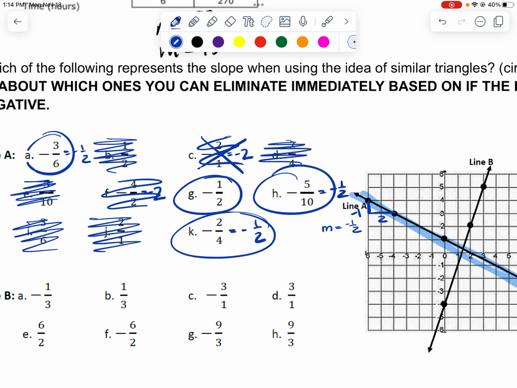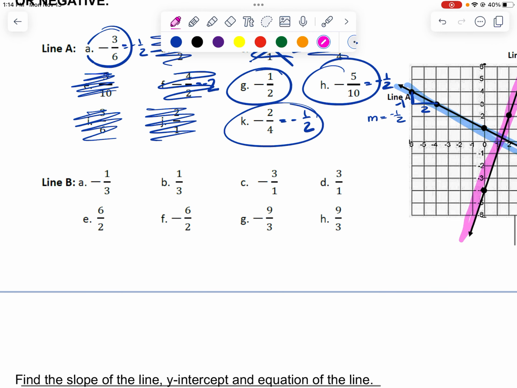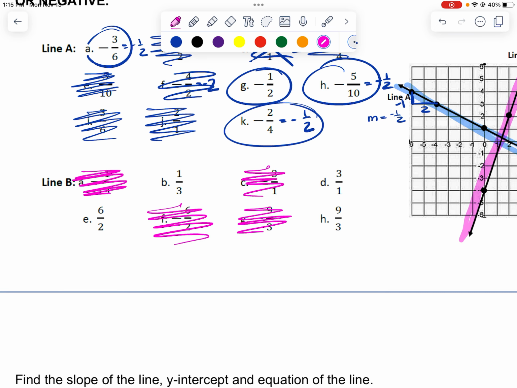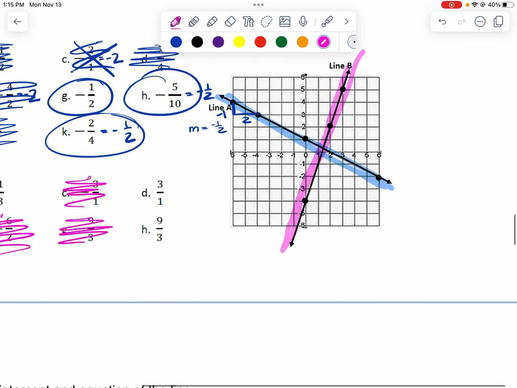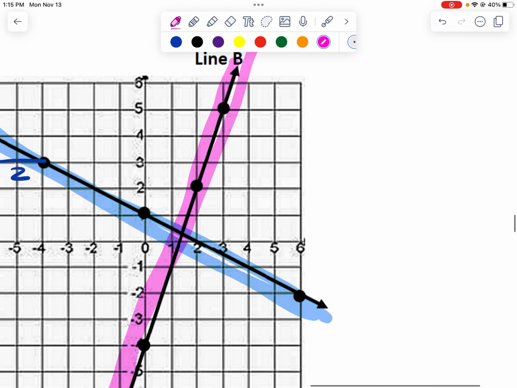So there you are. So now I'm going to look at line B. Okay, line B goes this direction. It's a positive slope. So I'm going to get rid of all the negatives. Goodbye negative, goodbye negative, bye negative, bye negative. Okay? So now I'm going to look at it. And what is the slope? I'm going to use these 2 points right here.